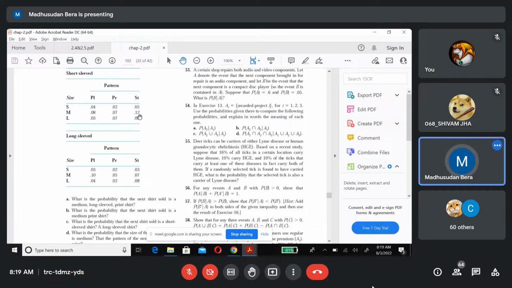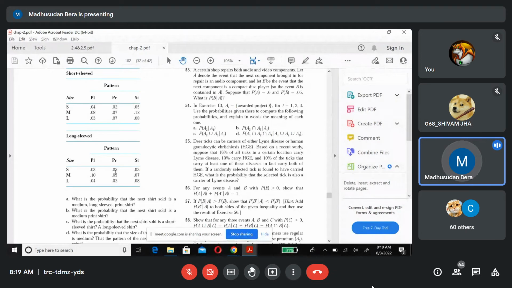Suppose this is 0.12: a shirt sold that is short sleeved, medium size, and stripe has probability 0.12. Suppose this is 0.03: short sleeve, large size, plaid has probability 0.03. Suppose here 0.05: a shirt sold that is long sleeved, printed, and medium size has probability 0.05. That way the table is given.